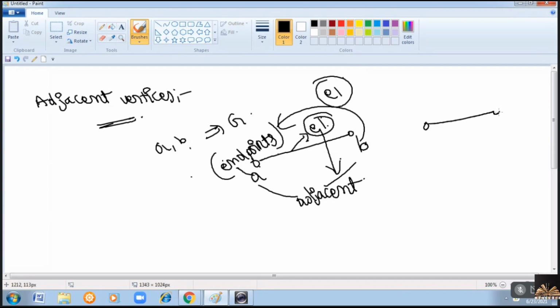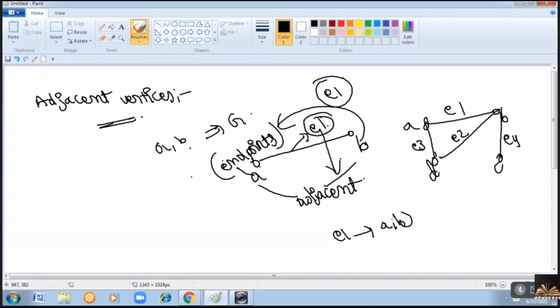If you have a graph like this, right? Now the edge E1 is associated. E1 is from A to B. Now we'll call these two as endpoints or adjacent with each other.